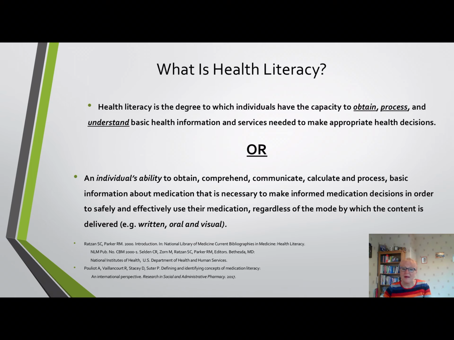Therefore a patient would need to obtain, comprehend, be able to communicate, calculate, process the information, read information around the medicines to be able to give them an informed decision of whether they want to continue to take their medicines and whether they're going to adhere to them. And also those things are needed for a patient to be able to safely take their medicines and take them correctly.